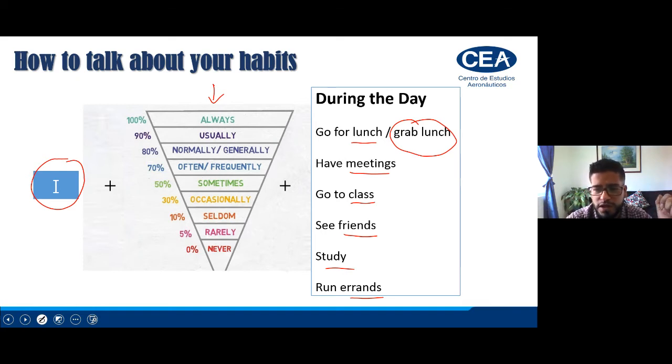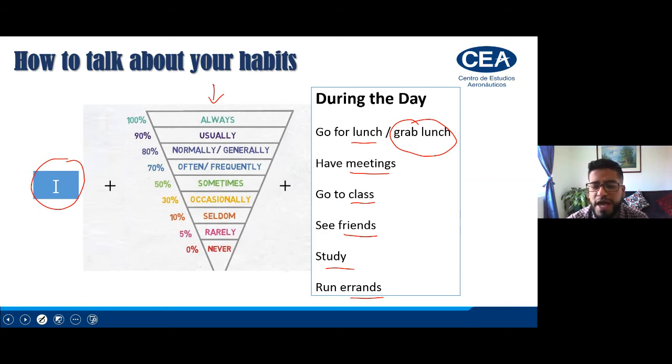For some people it's with more frequency, so they say, I always grab lunch or I usually grab lunch. Or for some people, no, I don't have any problem, I have a lot of time, so I never grab lunch. I always have a lot of time for lunch. So these are typical differences between the habits of people.